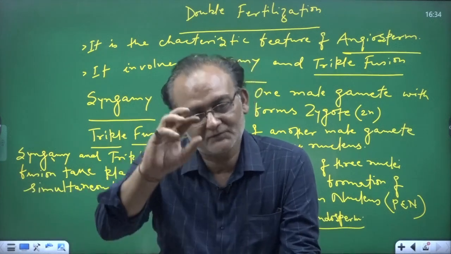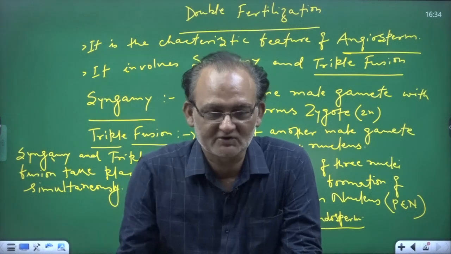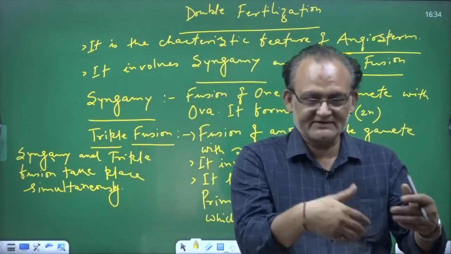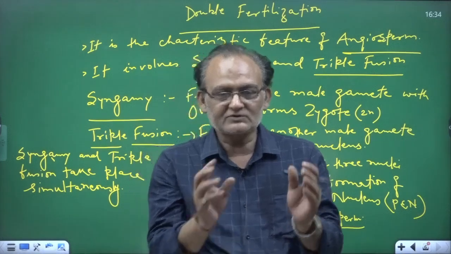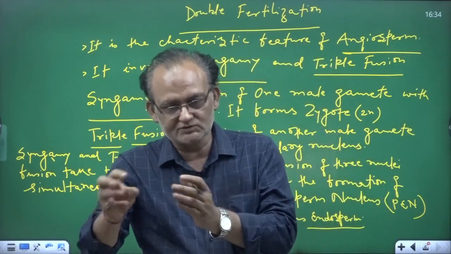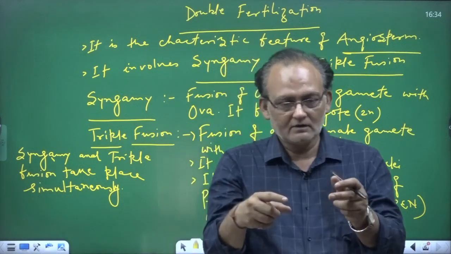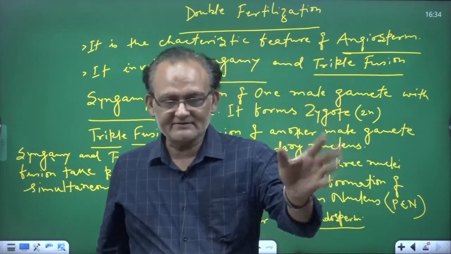If suppose the endosperm is formed and the zygote is not formed, suppose fertilization does not take place, then it's a waste of energy and time for the plant, because what is the function of endosperm? To provide nutrition to the zygote, the embryo, but if it is not formed, then it is a waste.